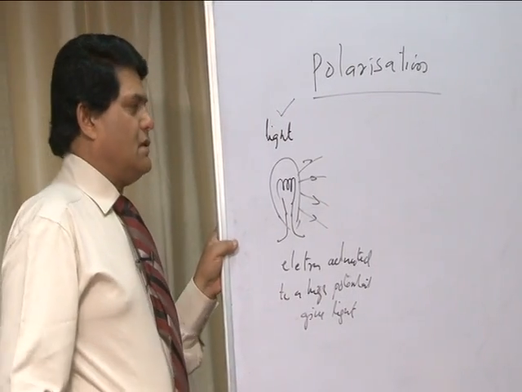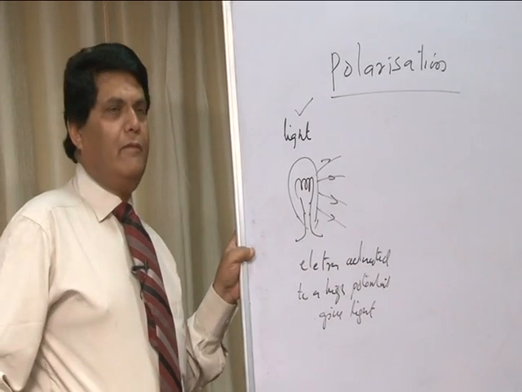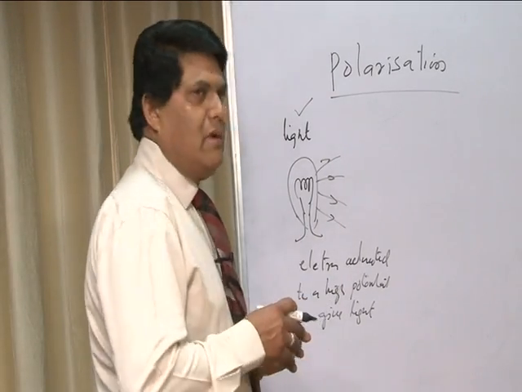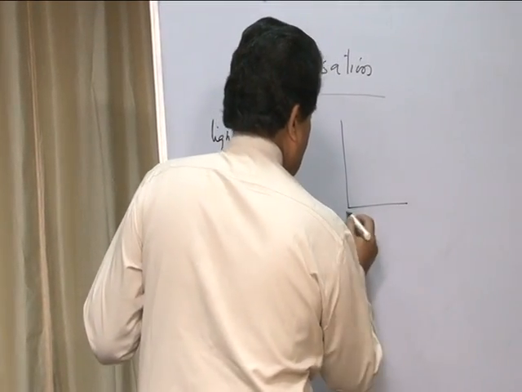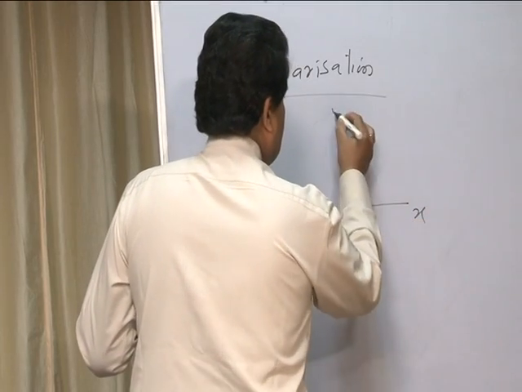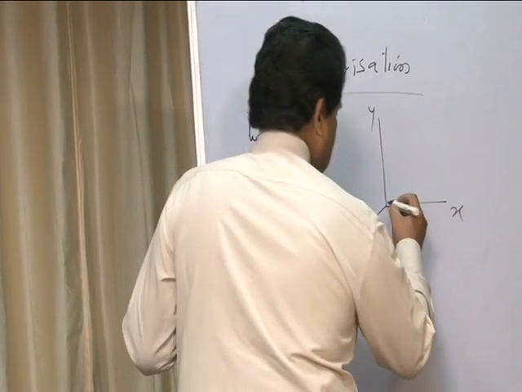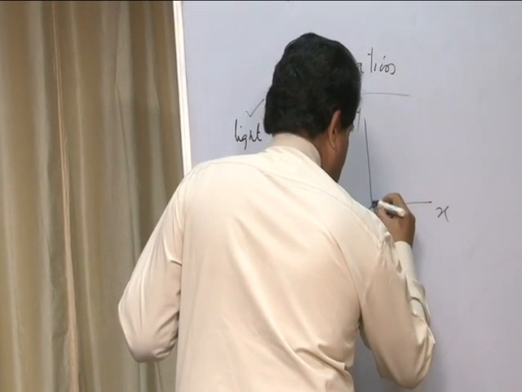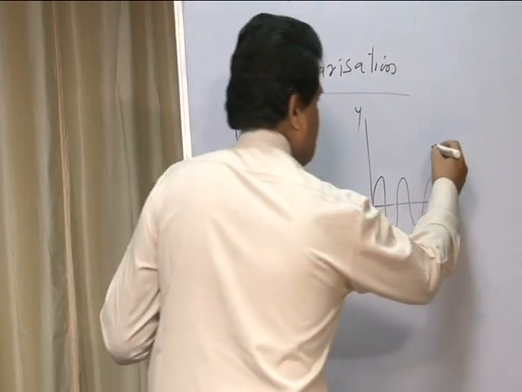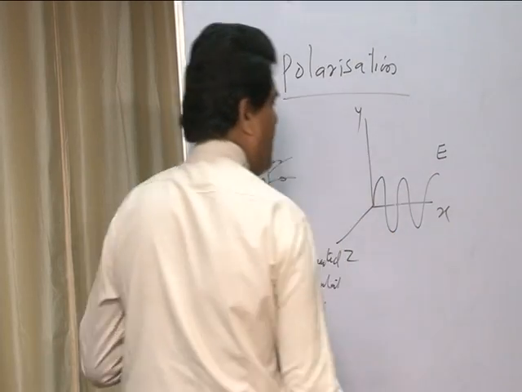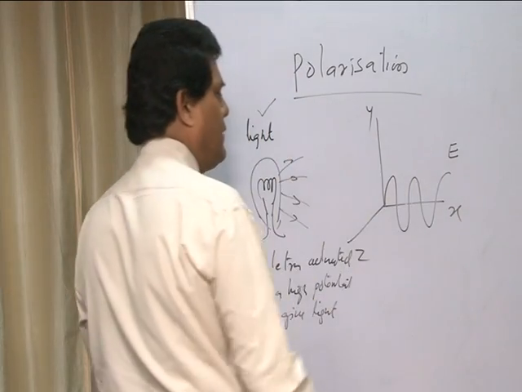Now the question is, how do these two properties form in a single light? So let us imagine this. So this is an x axis, a y axis and a z axis. Suppose this is the wave nature of light, this is the electrical property, say E. So it will try to travel along the x axis and y axis.